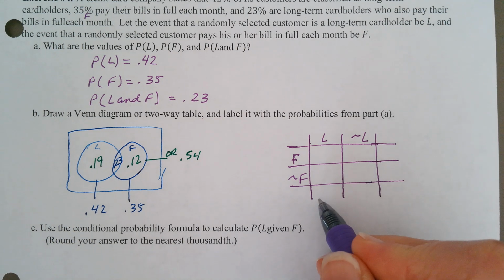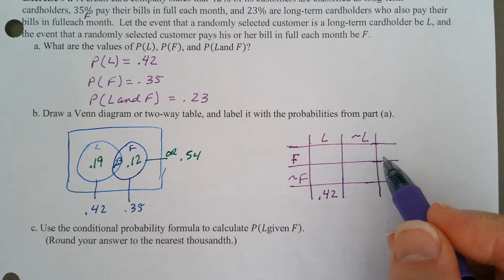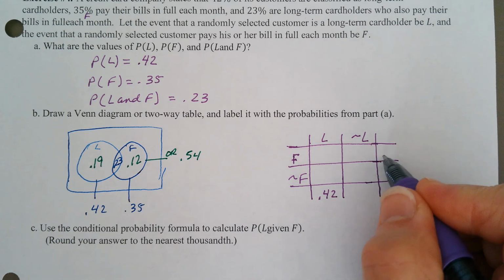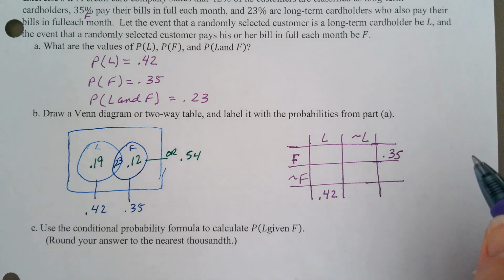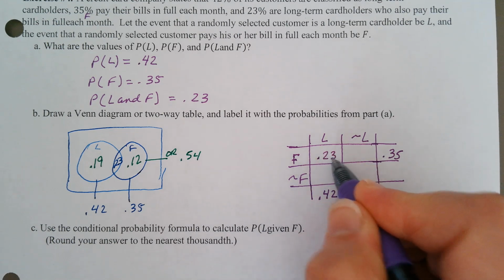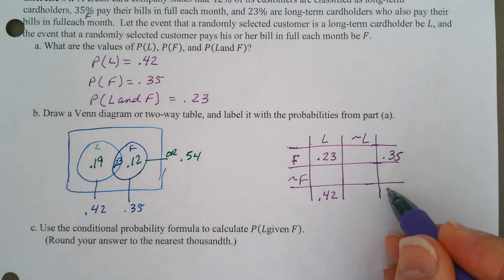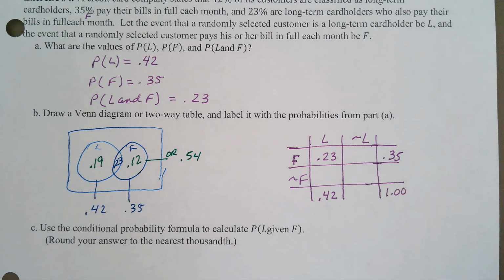Okay, long-term is 0.42. Pay in full is 0.35. And the and, long-term and in full, was 0.23. And we know that this has to be 1.00.